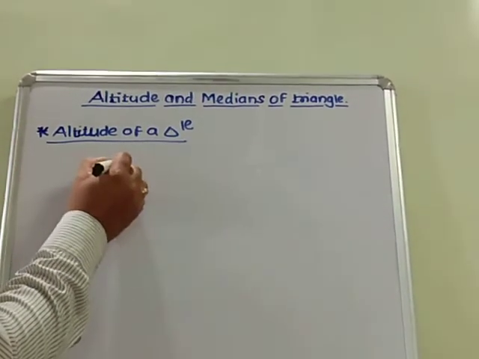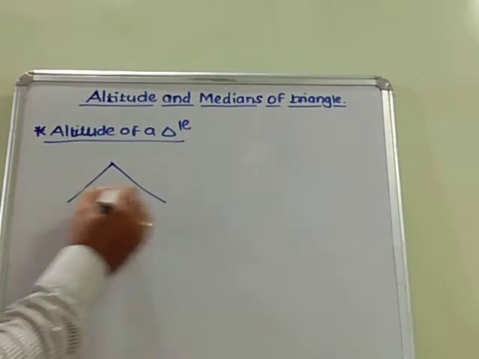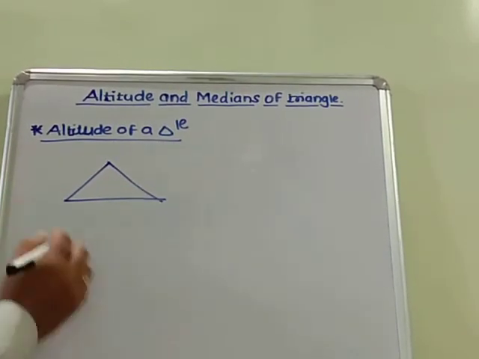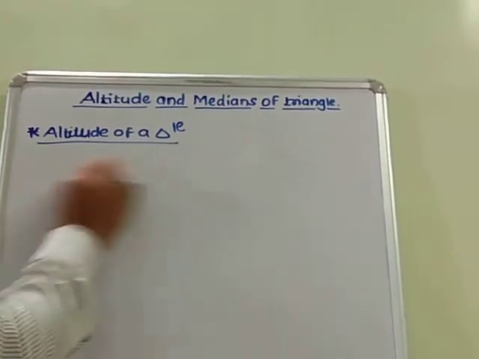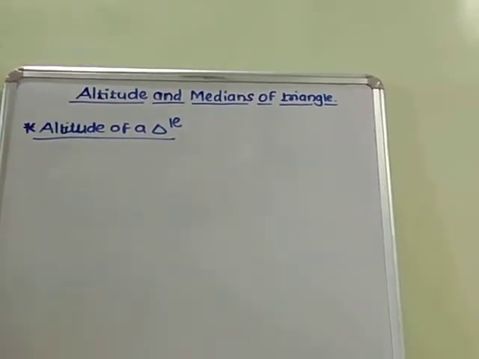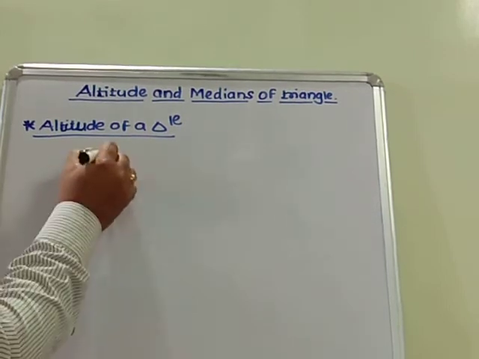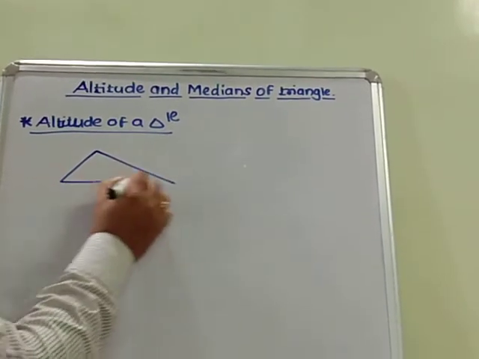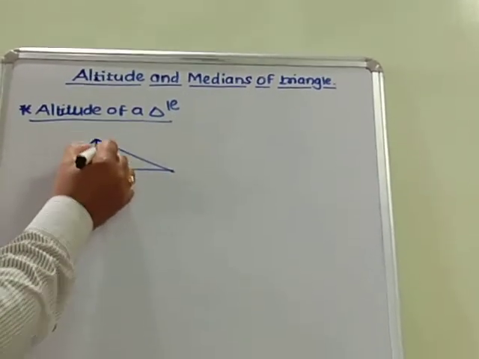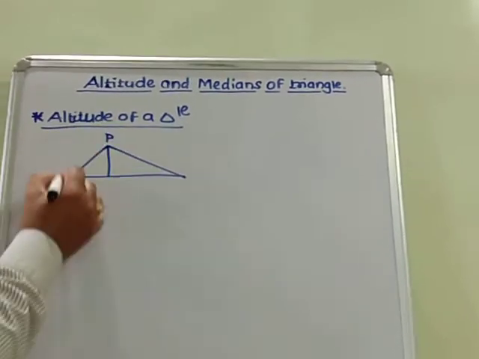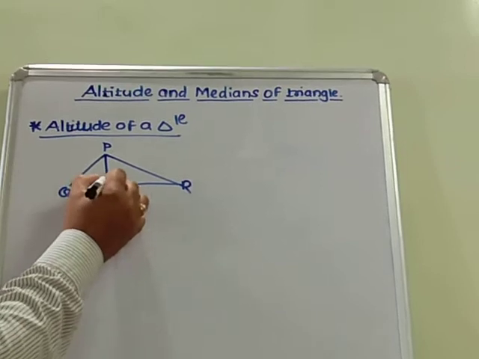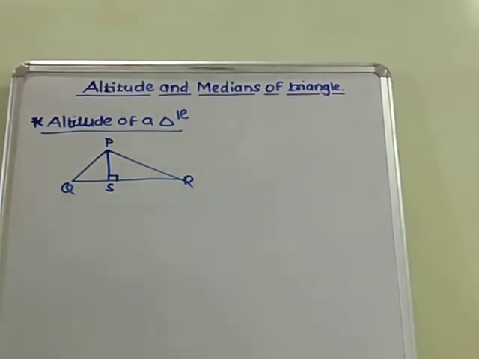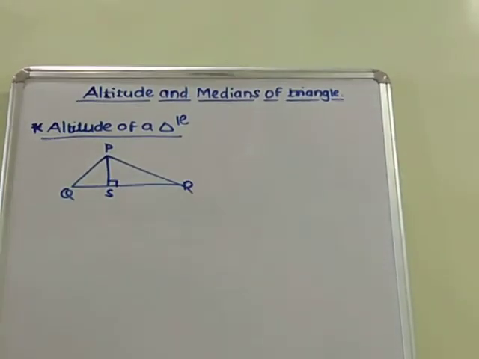Suppose this is a triangle. This is P, Q, R, and this is S. What is altitude?